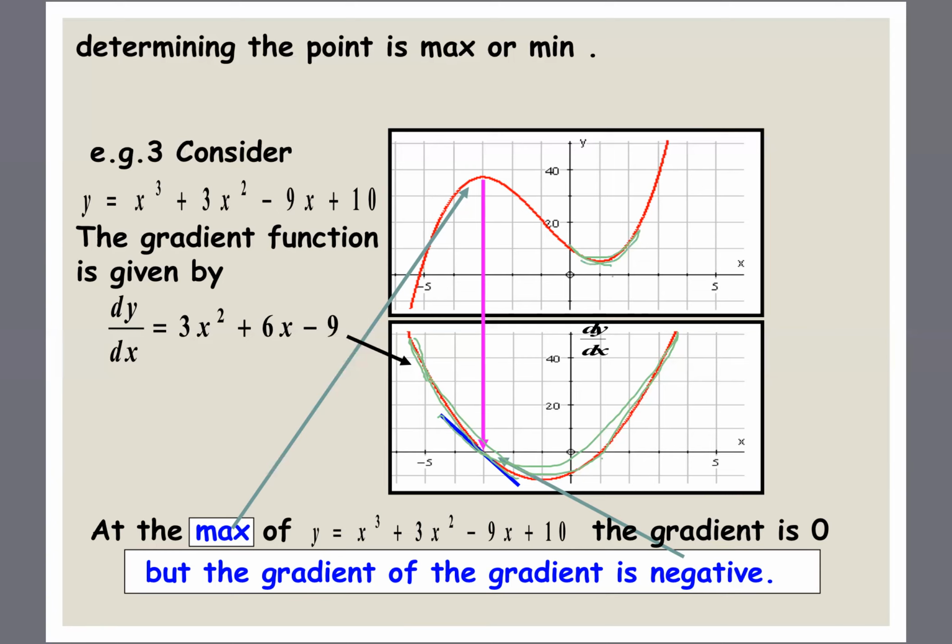If the second derivative is a negative value, then we know it is the maximum value, right? So I will show you.